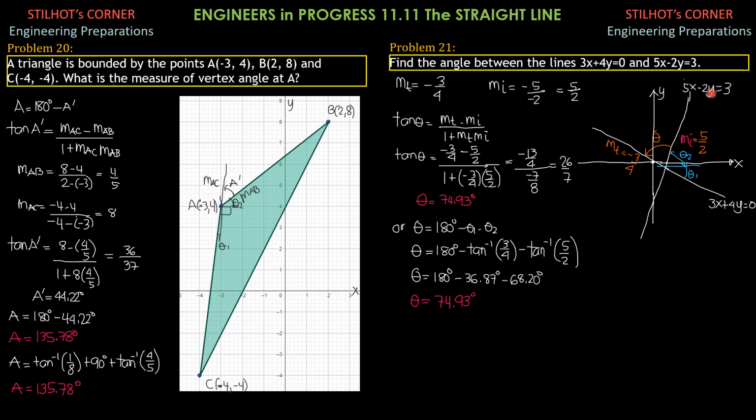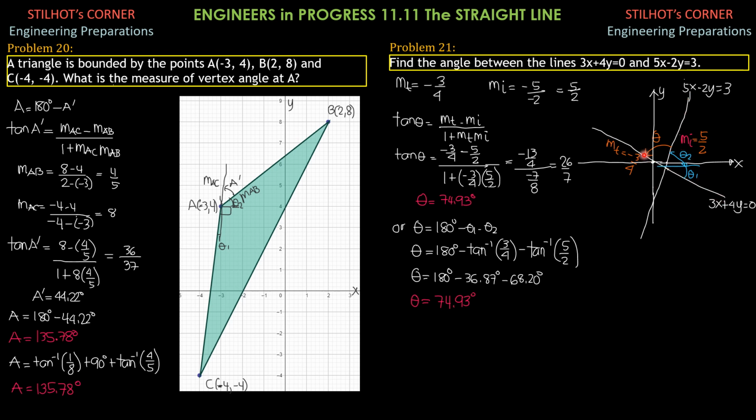The slope of this line is negative 5 over negative 2, so it is 5/2. Then the formula, just like there. Then substitute: tangent of theta equals the slope of the terminal side minus the slope of the initial side over 1 plus their product, if this is the acute angle, so this is the terminal side and this is the initial side.